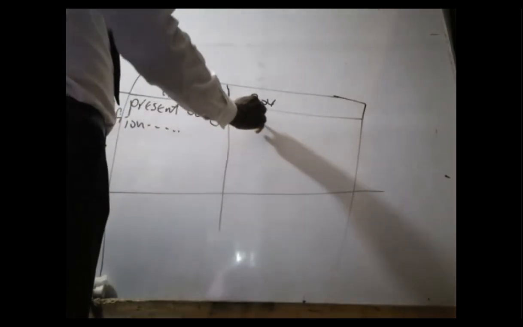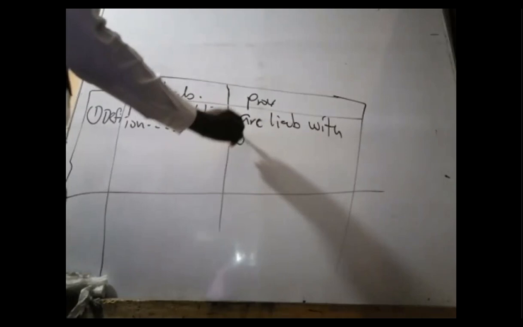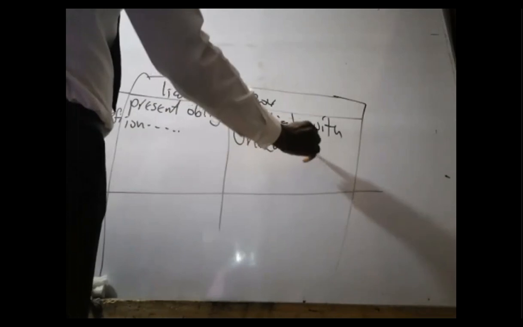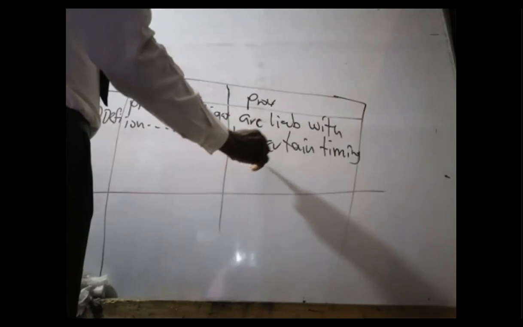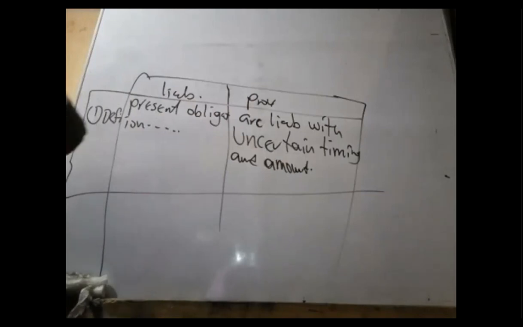Provisions are liabilities with uncertain timing and amount. That's a fair difference that I'll talk about.